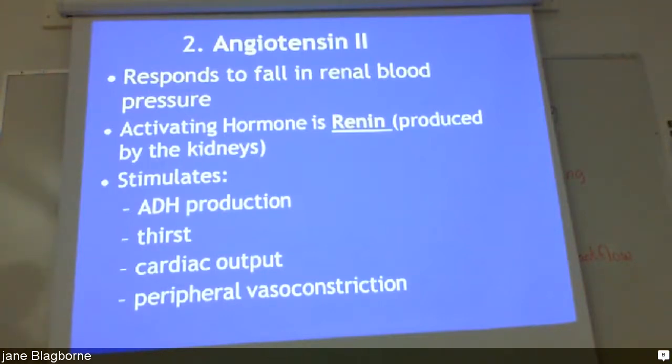Angiotensin II, that's the one, right? It responds to a fall in the renal pressure. So if you wanted to increase someone's renal pressure, you would be administering that medication.